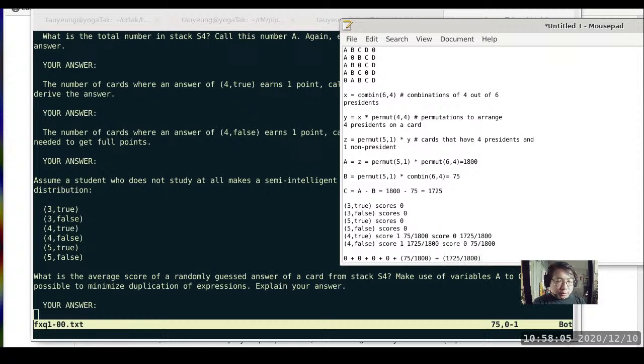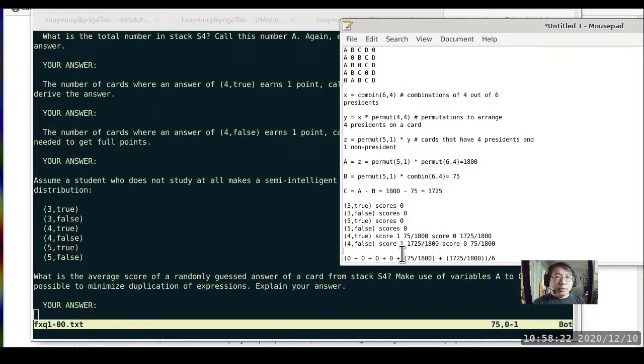Then you look at the summation of all of these and divide that by the number of possible characterizations. There are 6 of them, so you divide that by 6 and that becomes the answer.